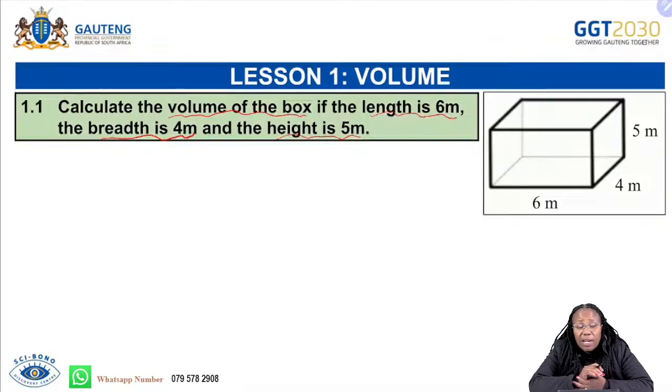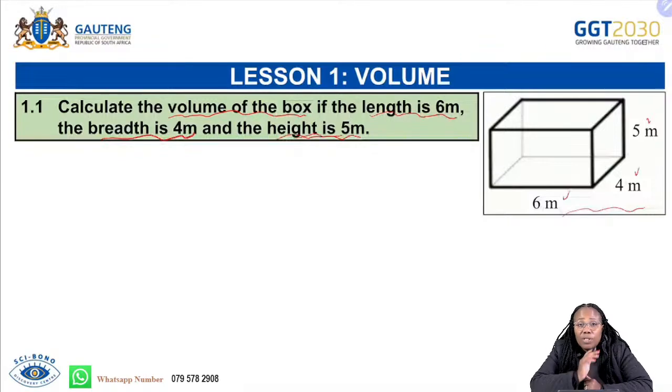And grade 12, sometimes they can just give you a statement without a diagram. So if they say it's a box, you can draw your own box and put in the dimensions on the box, okay? And also if the dimensions are not indicated, ensure all the dimensions that are given to you are indicated on the diagram.